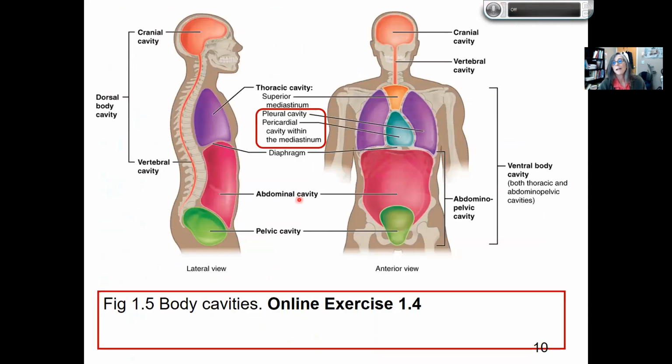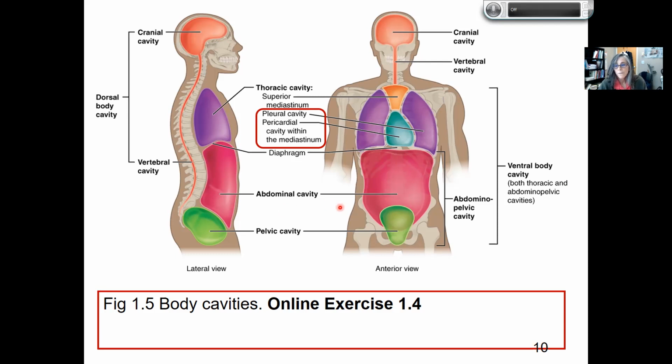Now we go on to body cavities. I have a good suggestion here: you could do good practice by making your own flow chart, because there are cavities within cavities within more cavities. So there's a ton of subdivisions.